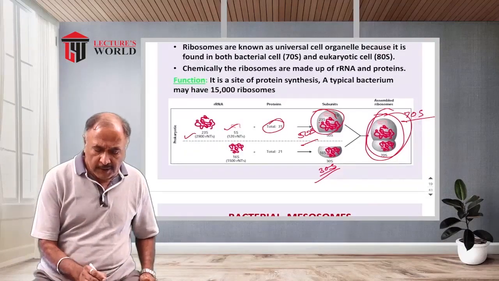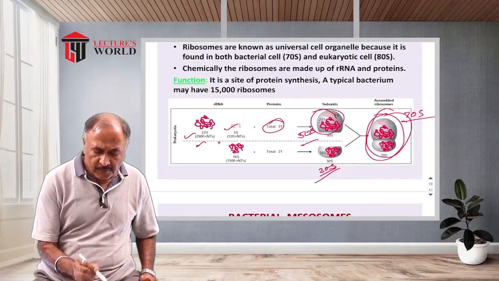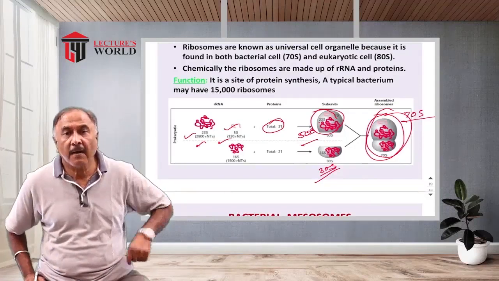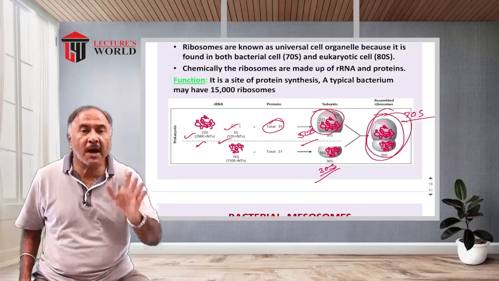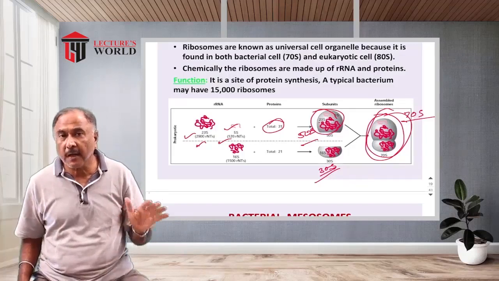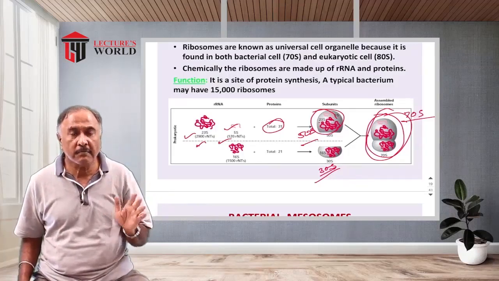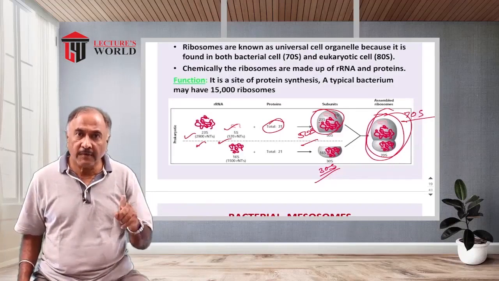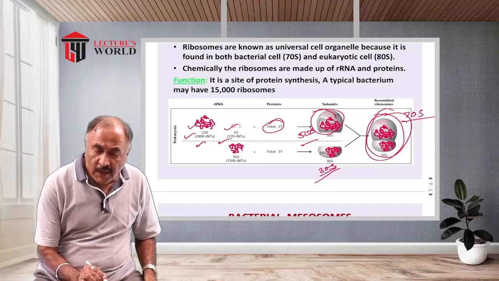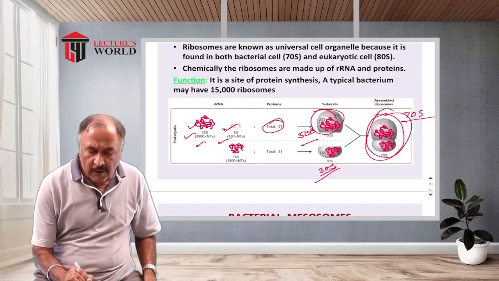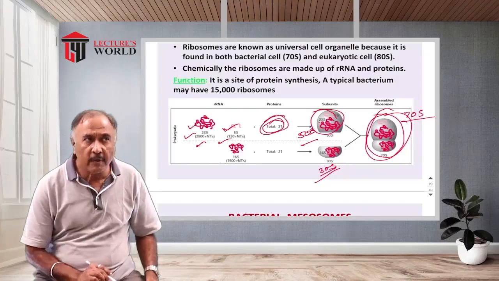One is 23S RNA and the other one is 5S RNA. These RNA which are present in ribosomes are known as the rRNA, ribosomal RNA. So, this one, 23S rRNA, 5S rRNA and 31 different types of proteins.